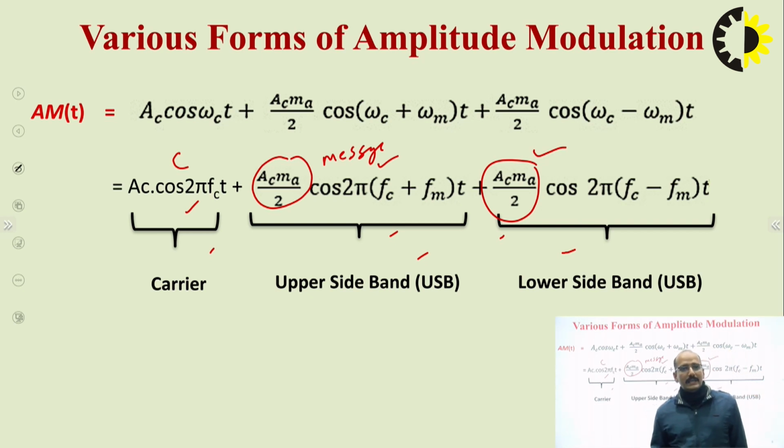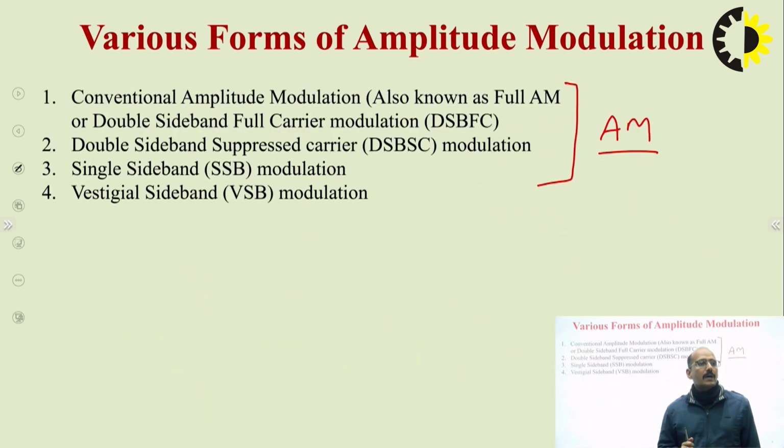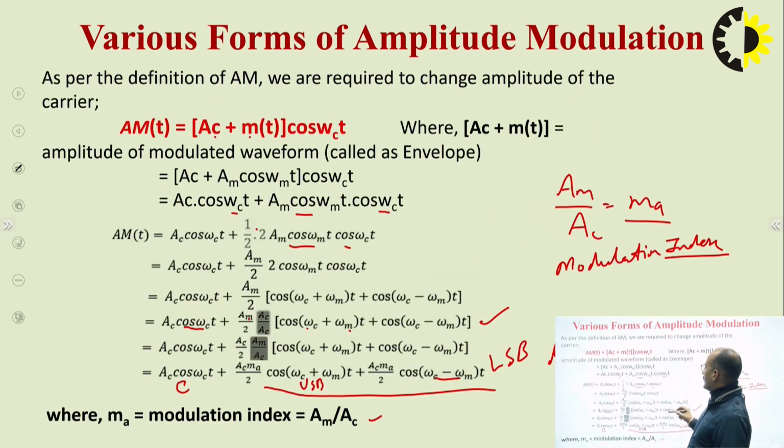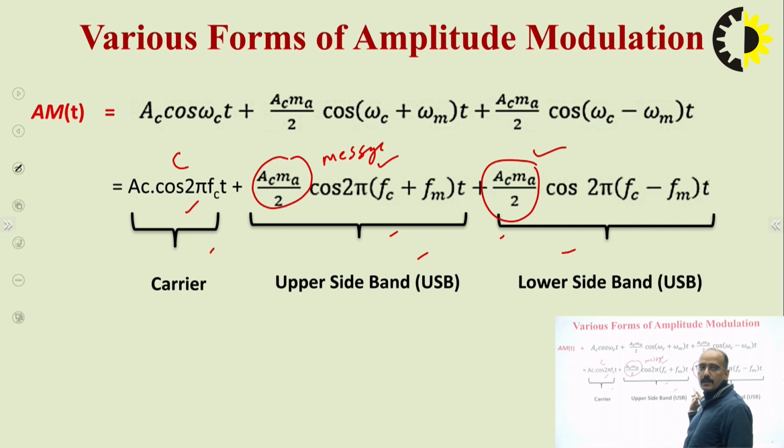As per these parts, we can decide the types of modulation. In the conventional amplitude modulation, that is this equation, you have three parts: carrier, upper sideband, and lower sideband.